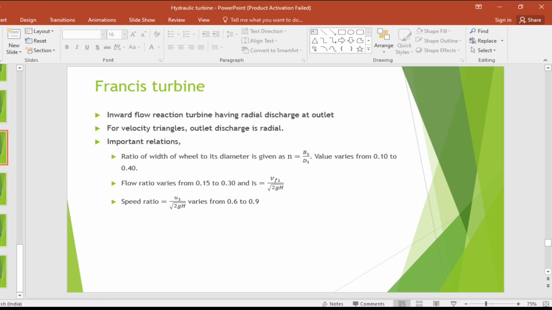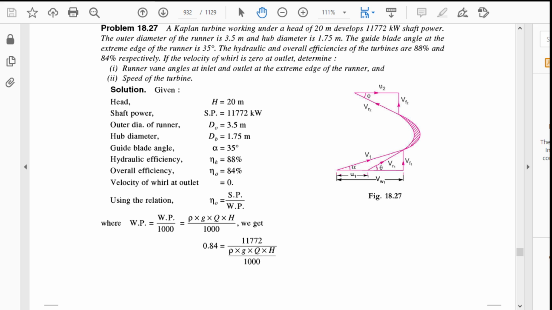These are the important points of the Francis turbine. Now we will move further to the numerical of the Francis turbine. I hope you understood what the important factors of the Francis turbine are.